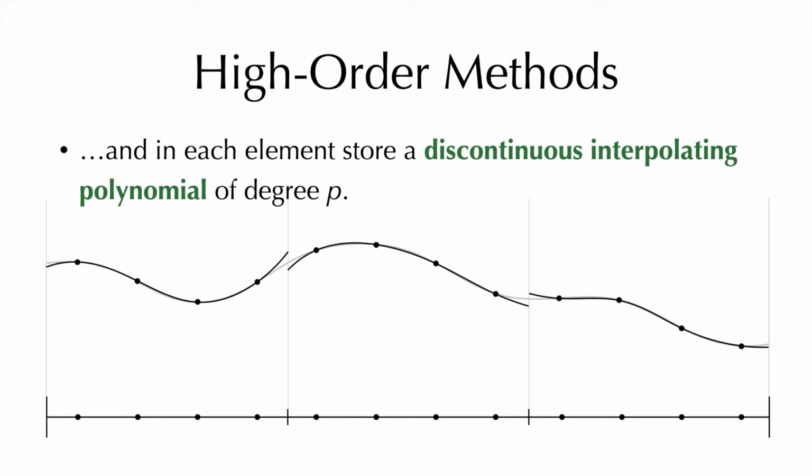In a practical sense, this polynomial itself is represented in nodal form, as in inside each element we represent the solution by some number of points. In this example here, I've chosen 4 points, which define a cubic polynomial, and in fact, with those 4 points, they are sufficient to uniquely specify a cubic polynomial inside each of our elements.